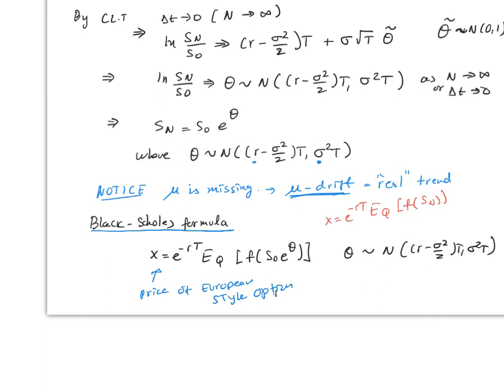But remember, in the discrete case, we were increasing everything by delta t. So if we let delta t go to 0, we'll end up with the continuous formula. So you can see the similarity between the two.